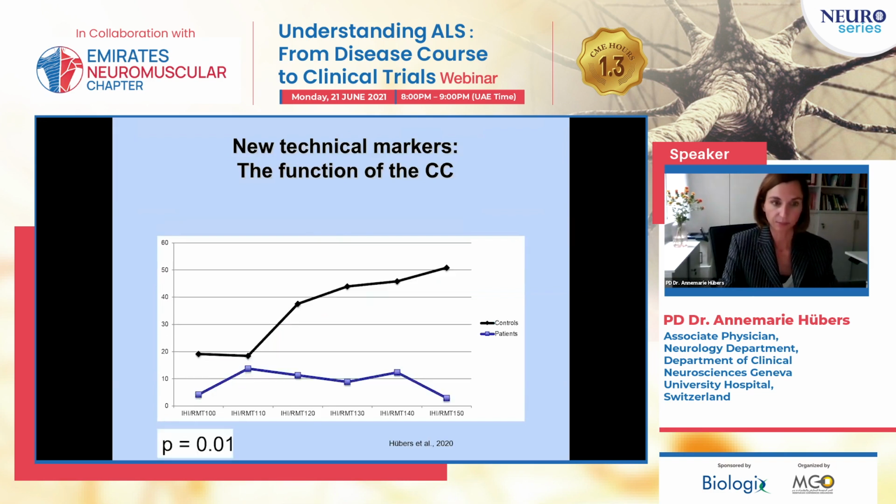And this is what we see in ALS patients. So ALS patients seem to exhibit almost no intercortical inhibition, showing us that they have a severe dysfunction not only of the descending motor neurons, but also of the connection between both hemispheres.